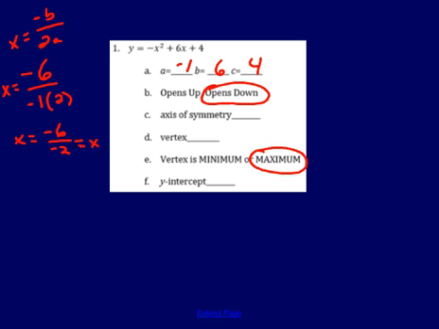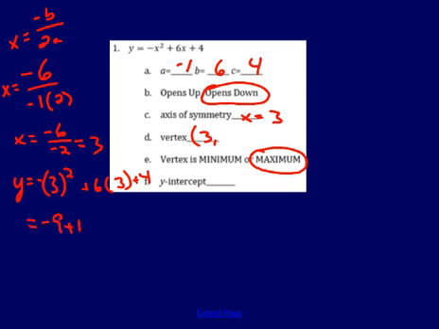So my... can't write, apparently. So my axis of symmetry is x equals 3. My vertex, then, is 3, comma... well, let's figure it out. We have y equals negative 3 squared plus 6 times 3 plus 4.